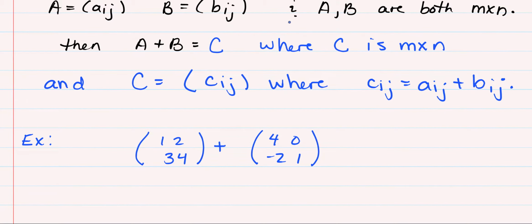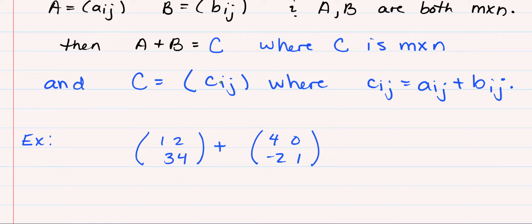So here is a 2 by 2 matrix, and here's another 2 by 2 matrix. I didn't label them A and B, but they're just two matrices. You can call them A and B if you want. Let's add them. So like it says here, for each entry, if we go with the 1, 1 entry, we're going to add A11 plus B11. So I'm just going to add this one to this one.